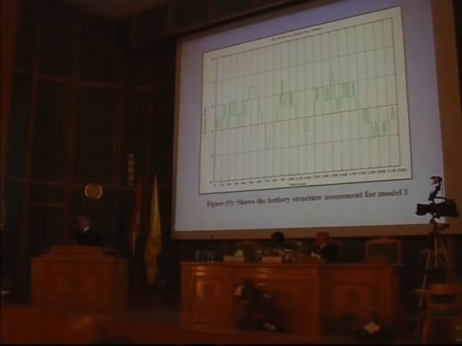Here, just to test the stability and the quality of the structure, nearly most of our residues are above the threshold, which indicates that we have a really good model of the protein.